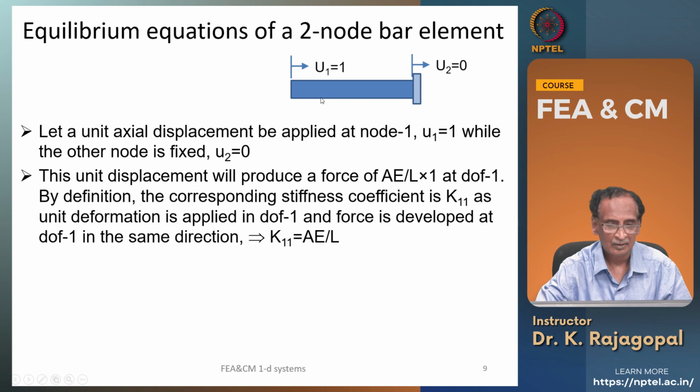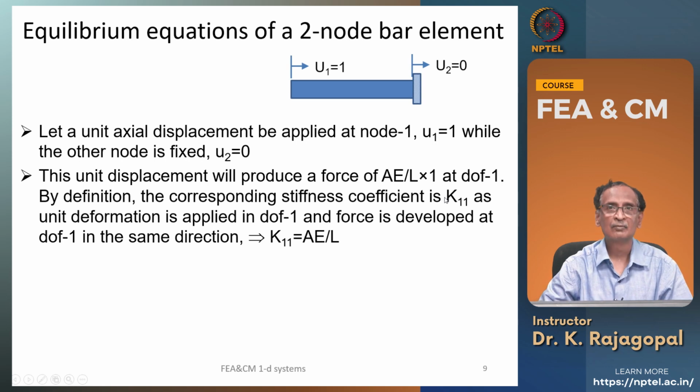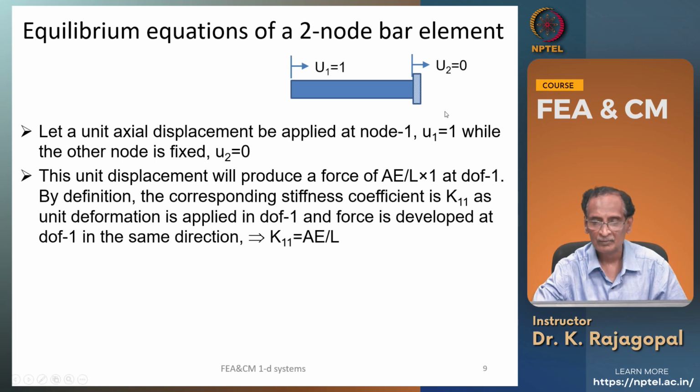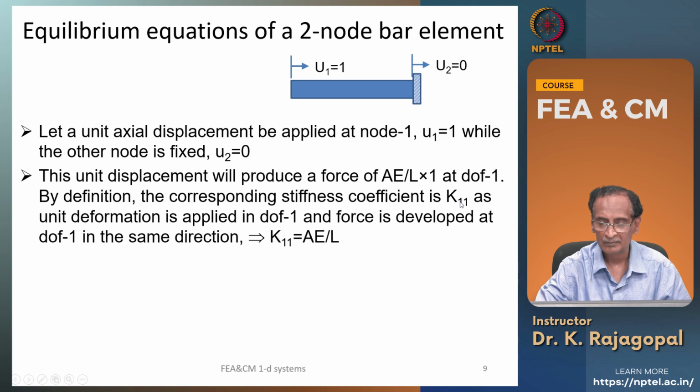So, at degree of freedom 1, the force developed is AE by L, and by definition the corresponding stiffness coefficient is K11, that is the force developed in degree of freedom 1 when a unit displacement is applied in the same degree of freedom 1. And the force developed is K11, that is AE by L.